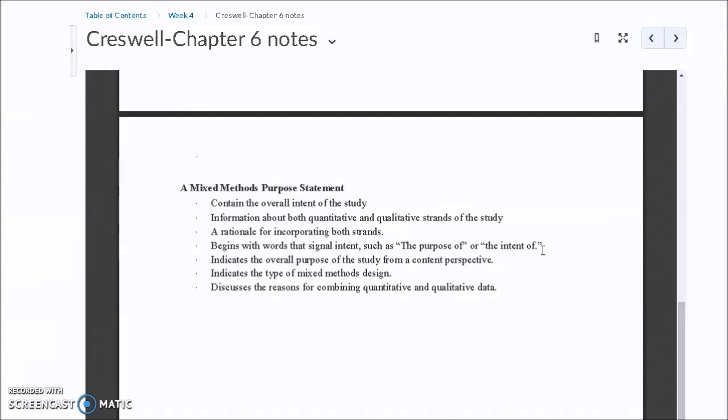So if you look at an example on page number 129, now 127 and 128 provide you samples, scripts that you can use, but let's look at a convergent mixed methods purpose statement.